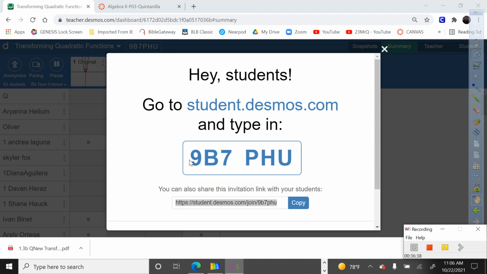Your code would be 9B7 spacebar PHU. Then it's going to ask you to log in with Google or whatever. Don't do that. Go to where it says continue without login, and it's just going to ask you to type in your name to get into Desmos. So there it is.